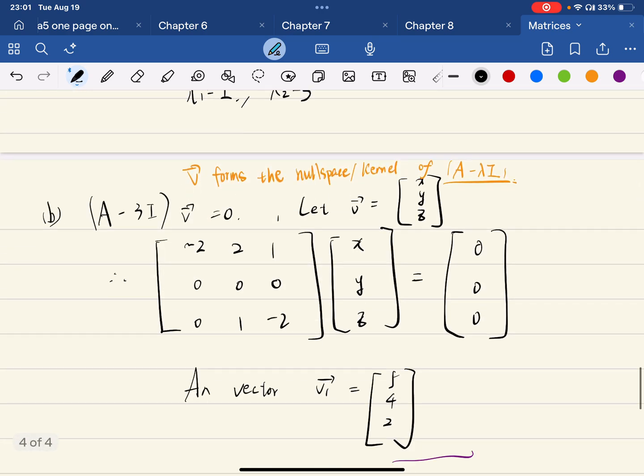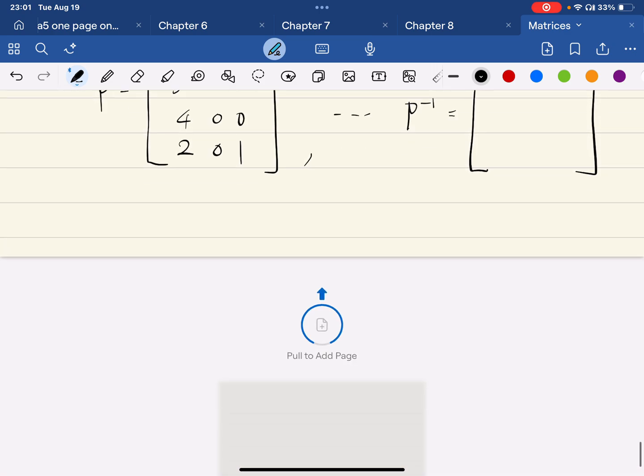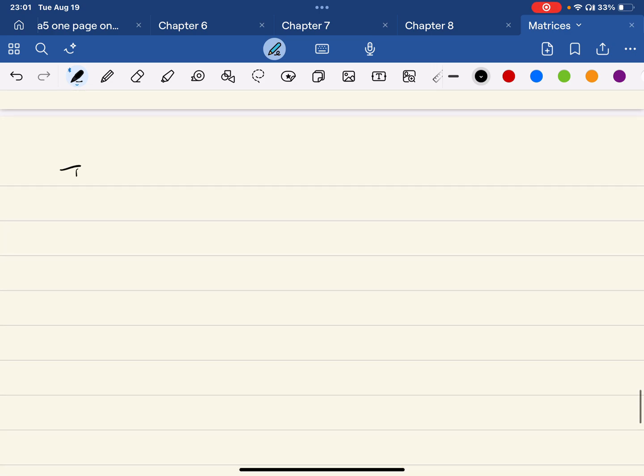And finally, we got a triangular matrix.